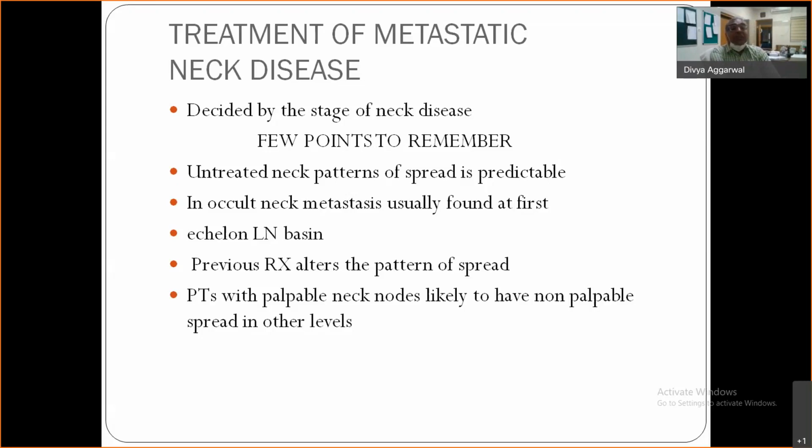So the untreated neck pattern of spread is predictable because those barriers are in place. In occult neck metastasis, it is usually found at first. The previous treatment alters the pattern of spread because that barrier is now gone in a way.